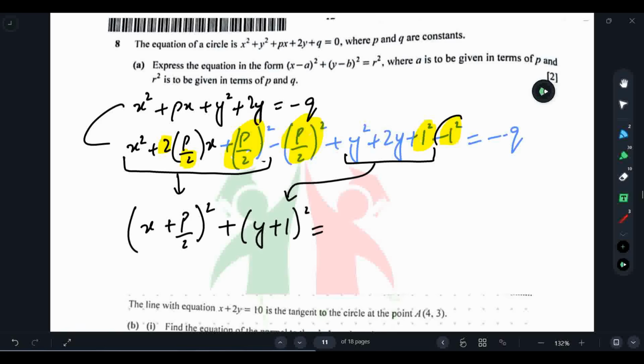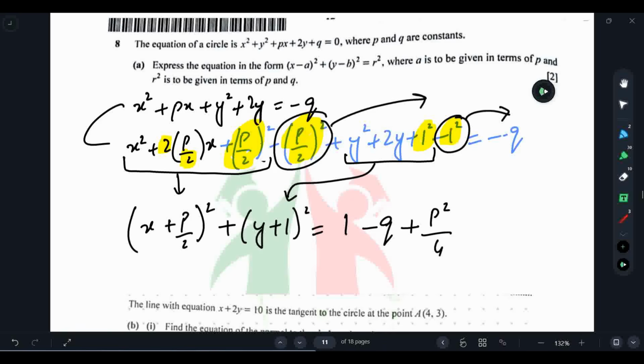If we shift this one to the other side, this will be plus 1 minus q, and if we shift this one to the other side, this will be plus p²/4. So this will be the final answer.